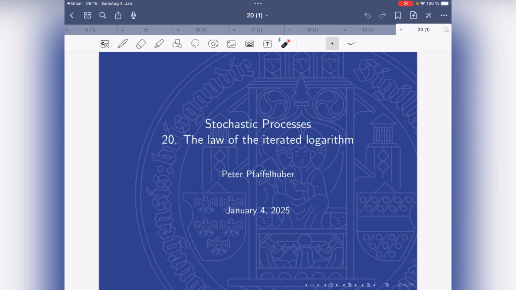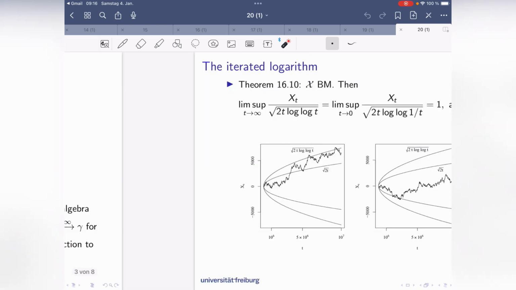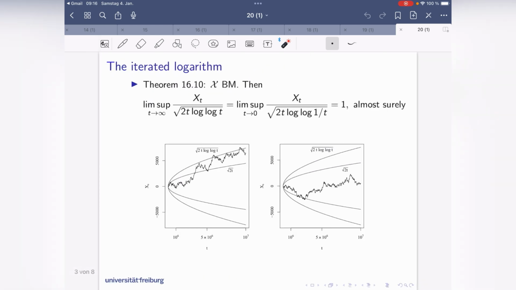So let us talk about the law of the iterated logarithm. To start with, what all that means. Here's the picture that I wanted to present. So here I have two paths of Brownian motion.